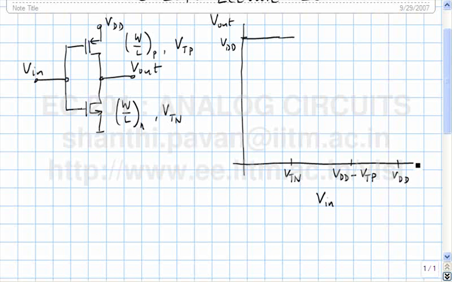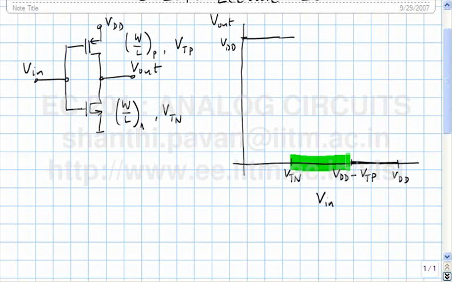The same thing happens when you start from VDD and go down. In this case, it is the PMOS transistor which is cut off until the input voltage goes below VDD minus VTP.